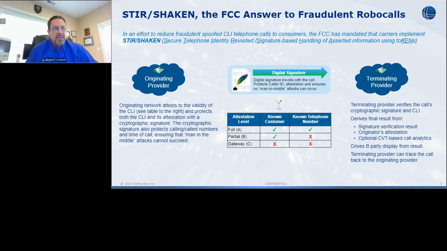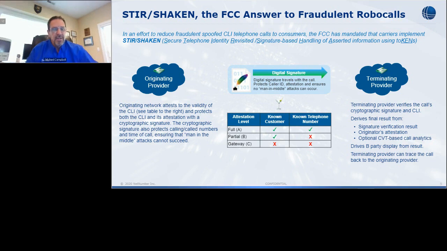The attestations that an originating provider can make are listed as A, B, and C, very inventively listed as A, B, and C. A essentially says they completely trust the caller ID. They know the customer. They know the number. Usually they've provided the number to them themselves, and they have full faith in the presented caller ID. That is the attestation that the terminating provider will use to drive a green check mark on a display.